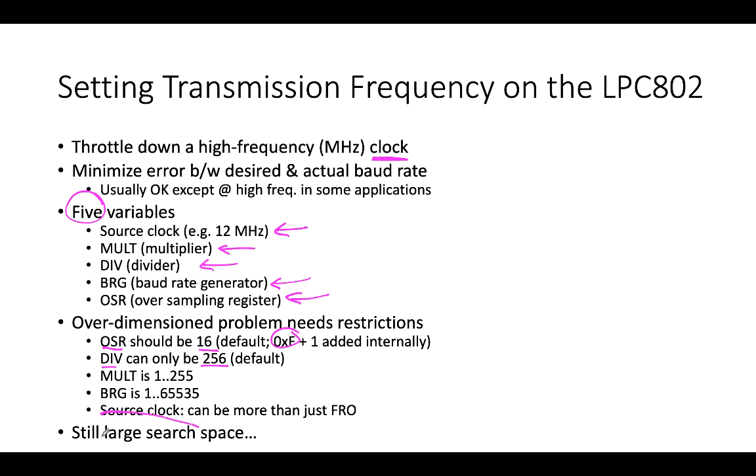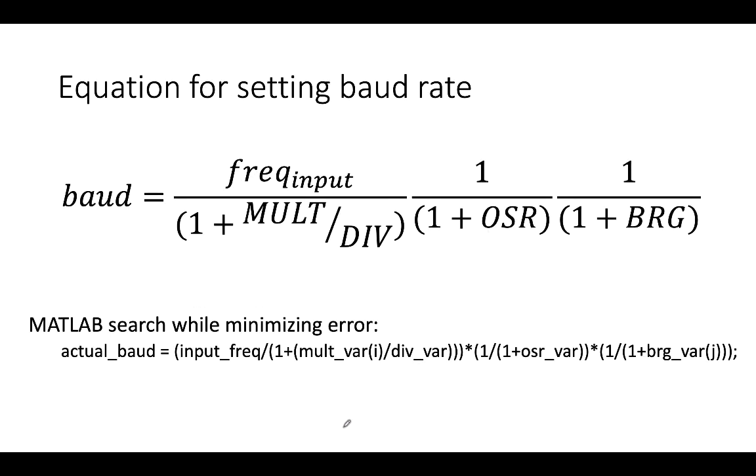So this still is a large search space. You have 5 variables, and some of them are constrained a lot, but it's still a large search space. And so generally you want to be able to write an algorithm or have a table that you can look up values in, in order to know which values of BRG, mult, OSR, div, etc., or even your FRO, you should use.